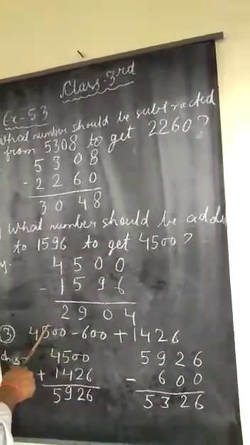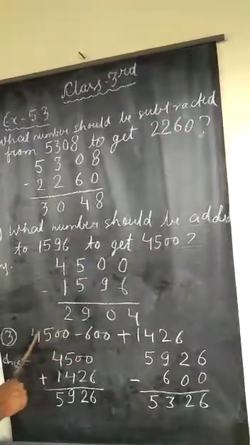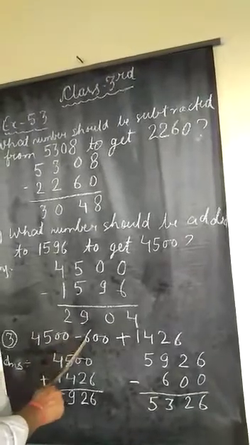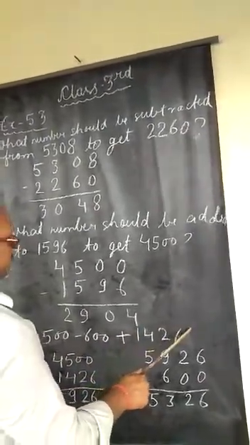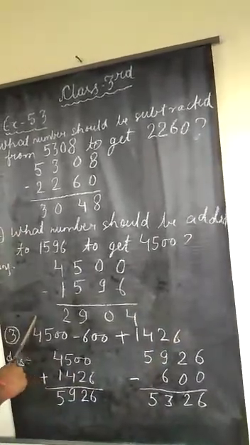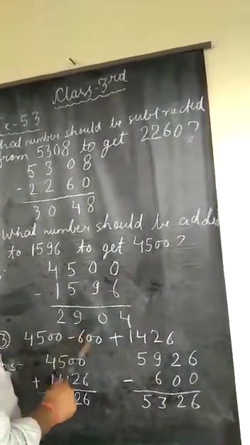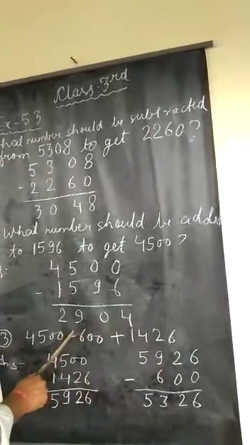In question number 3, we have 4500 minus 600 plus 1426. In this type of question, there are many numbers and many signs.